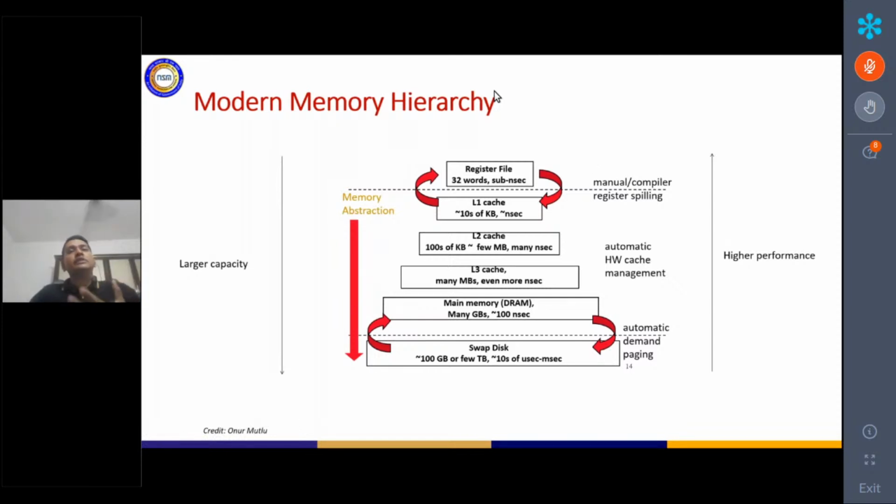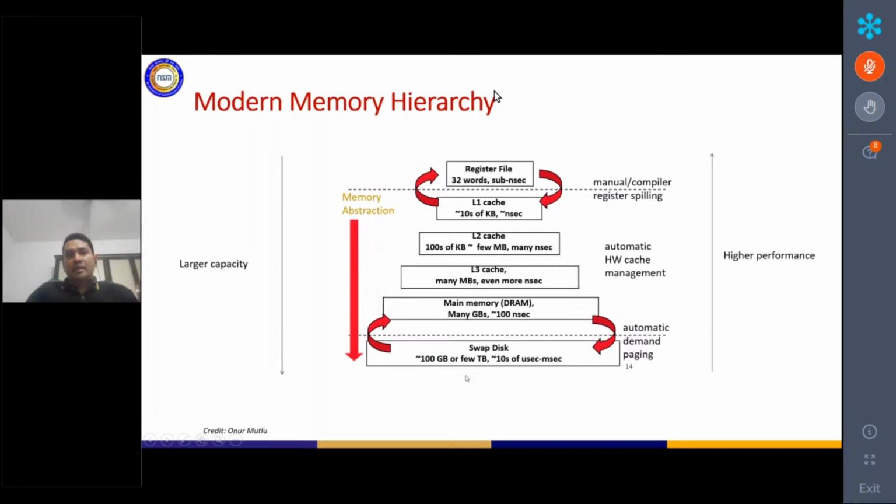So what modern systems are doing is that, because access times will be very low for the L1 level of cache, you keep it closest to your computing unit, your processor or core, and then you keep your L2 cache, then L3 cache, and you keep your main memory or DRAM and swap disk off chip.